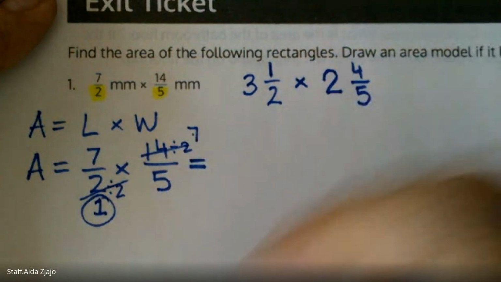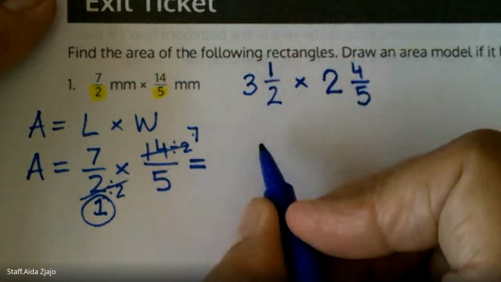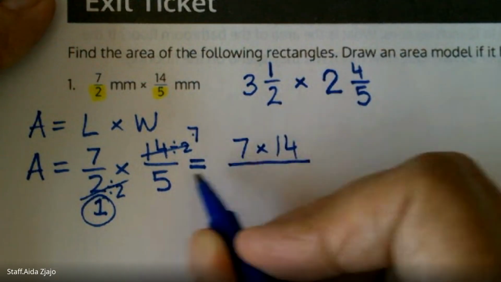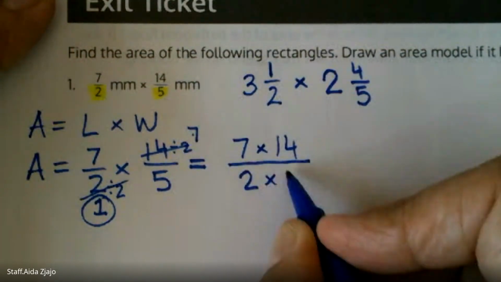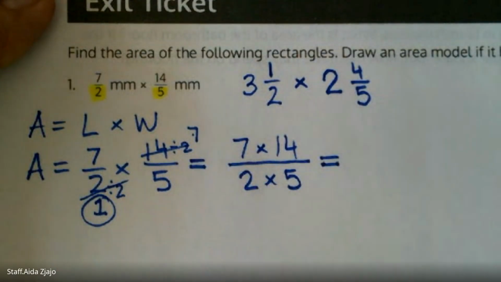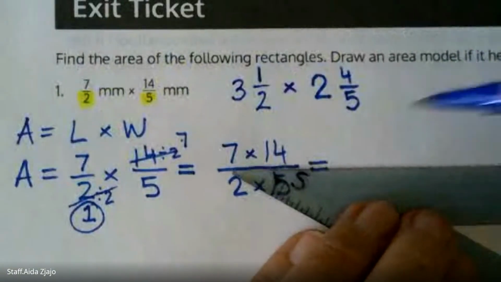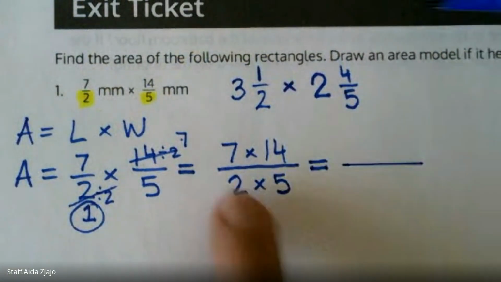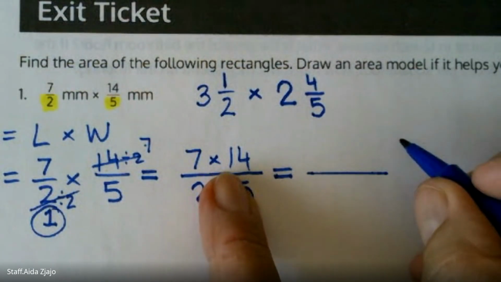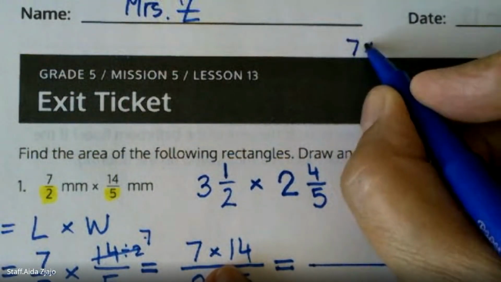So instead of dealing with 7 times 14 and 2 times 5, which equals, let me calculate this using the margin, 7 times 14.